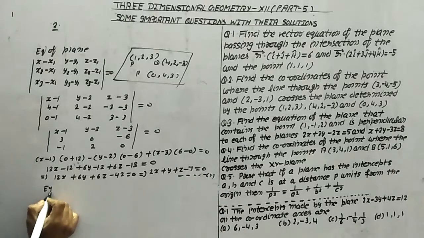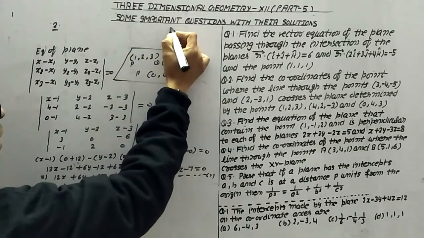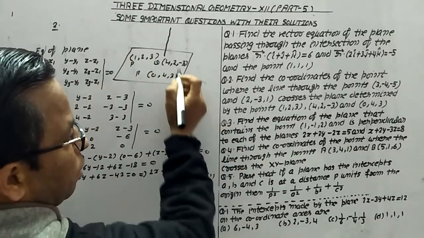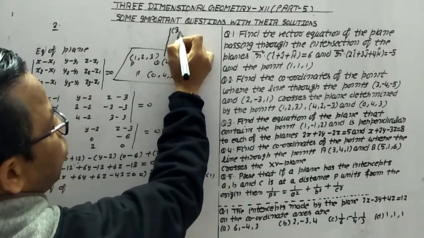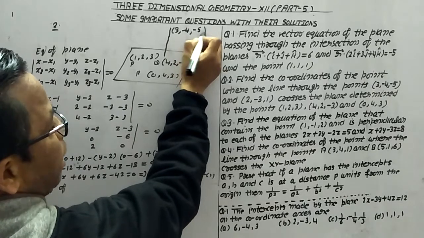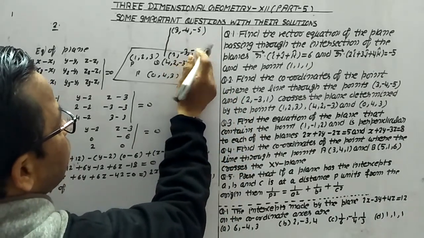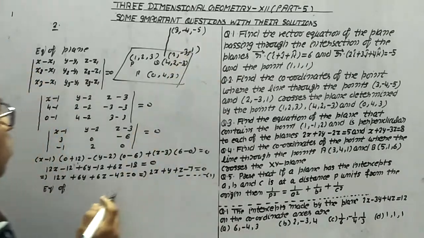Now the equation of line. This is the line which passes through the point 3, minus 4, minus 5, and the other point is 2, minus 3, 1.